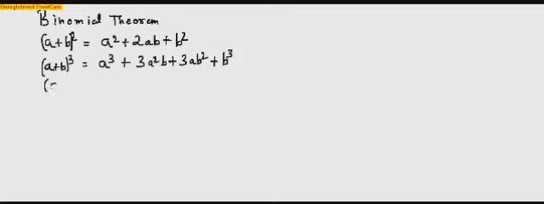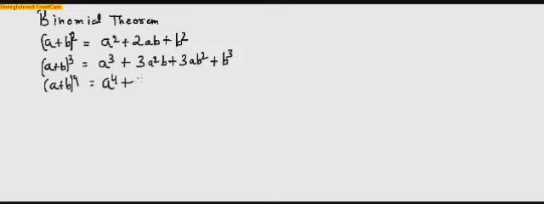Now if I ask you to know the formula for (a + b) to the power 4, things start getting a little tricky. But anyways, let me show you something. I can write a direct formula for (a + b) to the power 4 without actually remembering it.